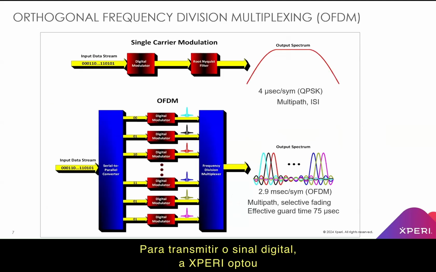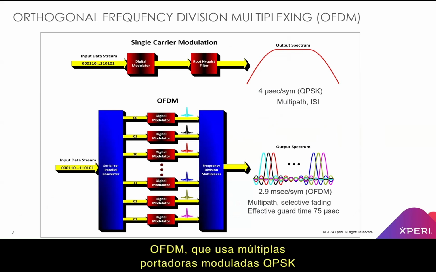For transmitting the digital signal, Xperi opted for orthogonal frequency division multiplexing, OFDM, which uses multiple QPSK modulated carriers that do not interfere with each other. OFDM is highly resistant to multipath interference.